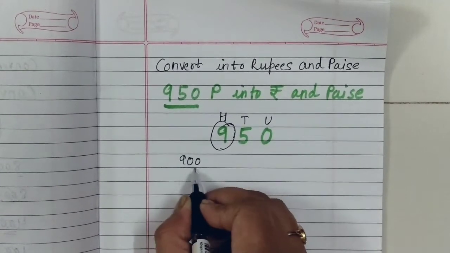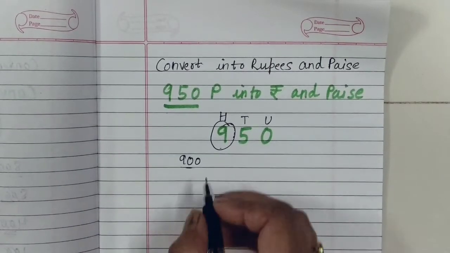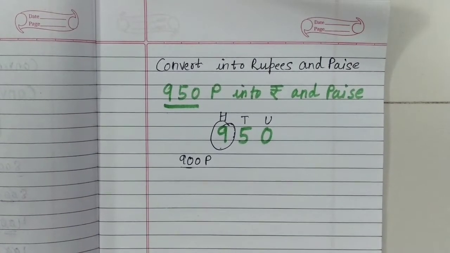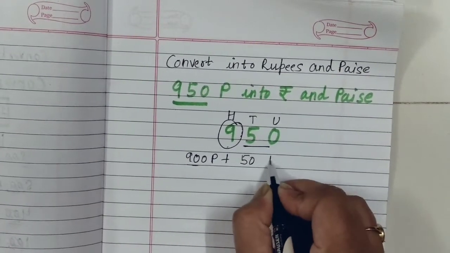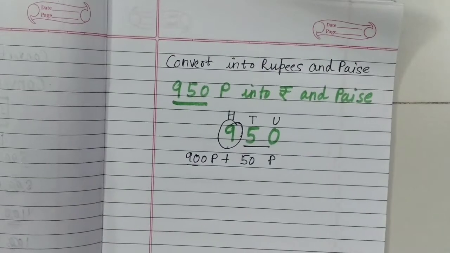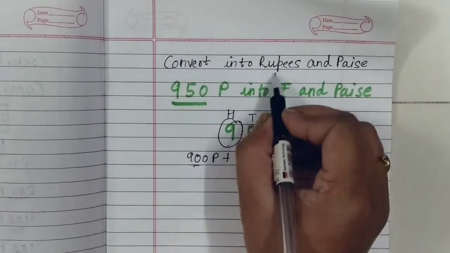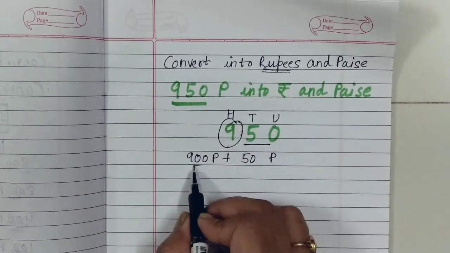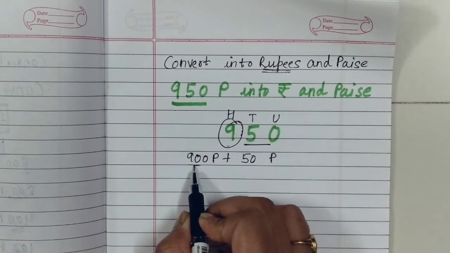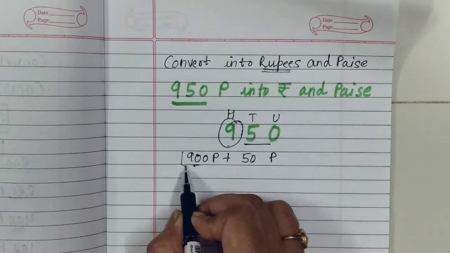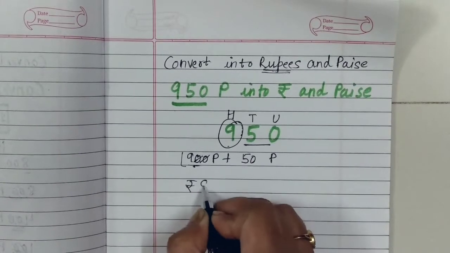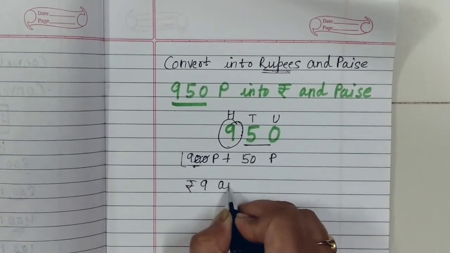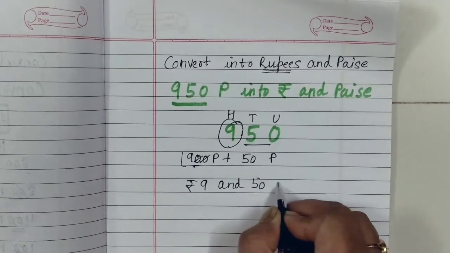Now 900 is our paisa. 900 paisa plus the remaining 50 paisa. When you convert 900 paisa into rupees, remove 2 zeros, it will be rupees 9 and 50 paisa.